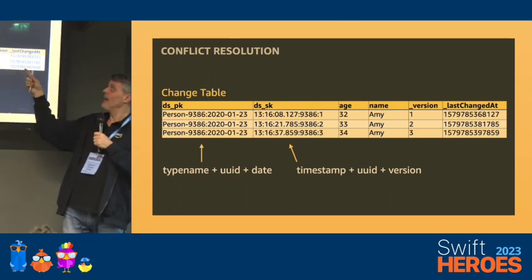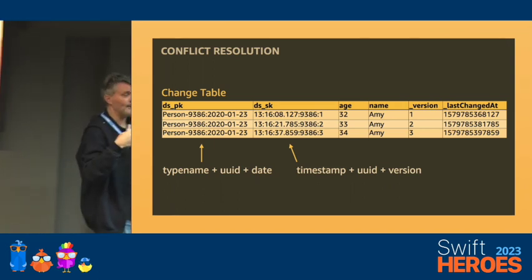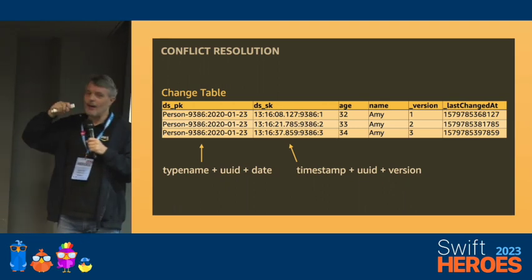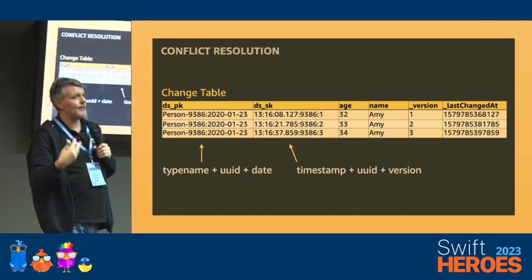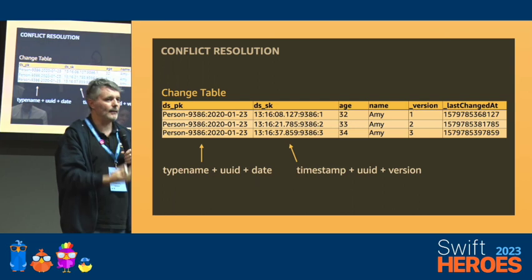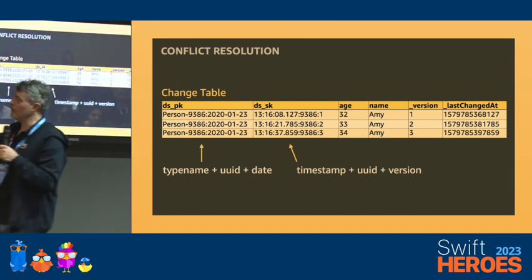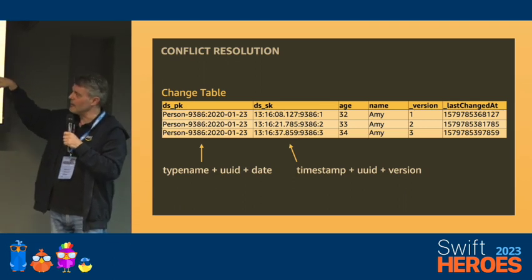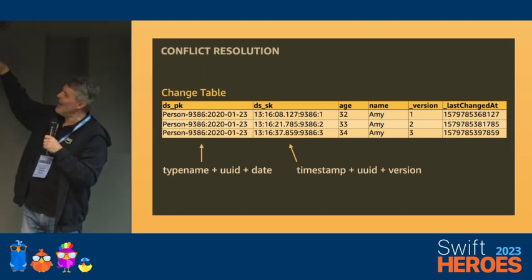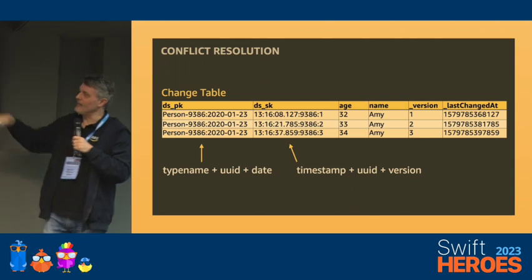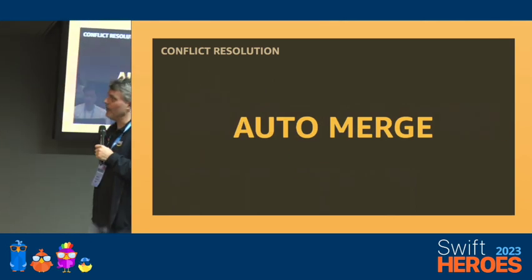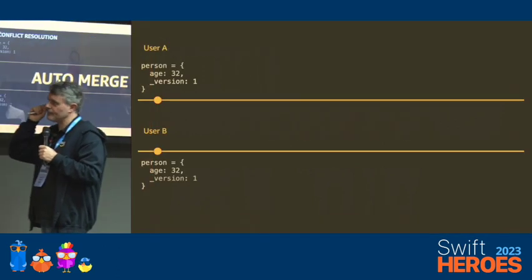The version is kept, and the timestamp of the last change. So this change table allows us to trace the history of everything that happens on an entity, including deletion or changing something, because we don't delete lines there. That's not entirely true. We clean that up from time to time. I will explain that later. But we keep adding stuff there, so we can recreate the entire history of what happened on a specific entity.